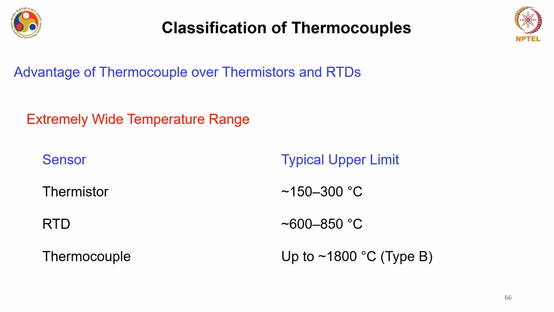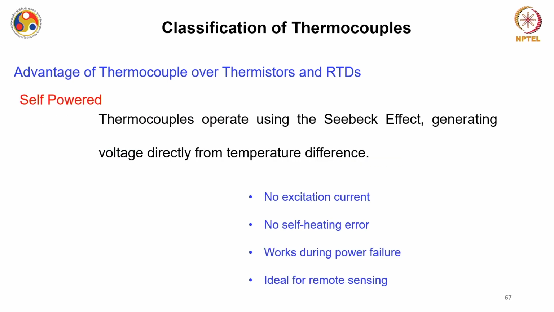I'm talking about the upper limit, while RTDs and thermistors can go to around 600 to 850 degrees Celsius and up to 300 degrees Celsius respectively. So when you require very high temperature, you will of course look for thermocouples. Another advantage that you must have noticed is that thermocouples are self-powered.